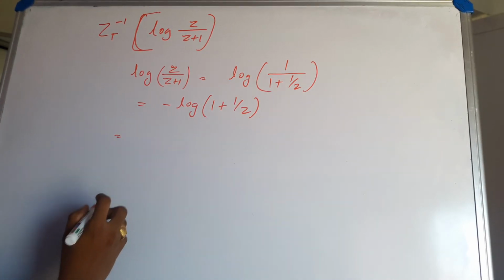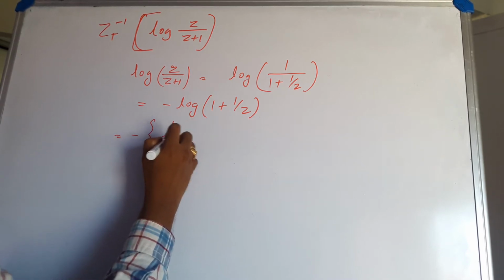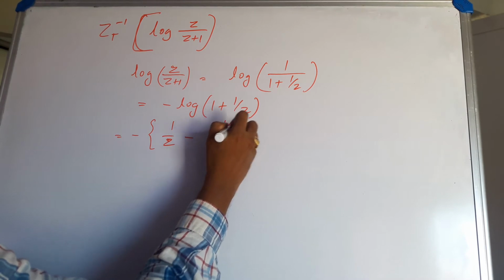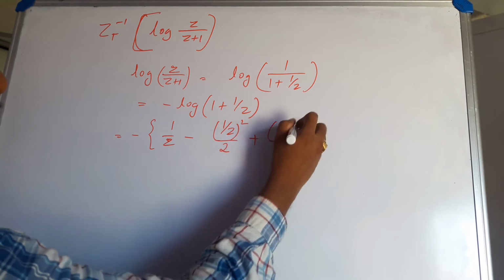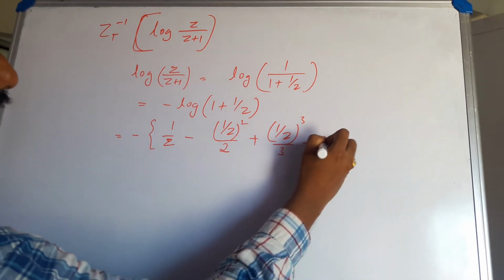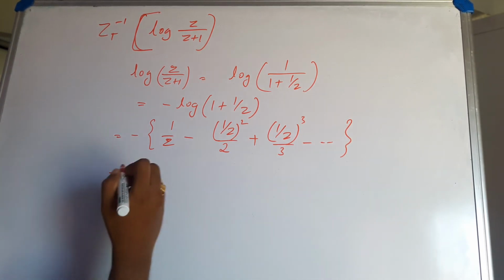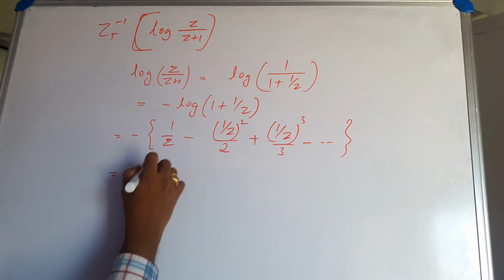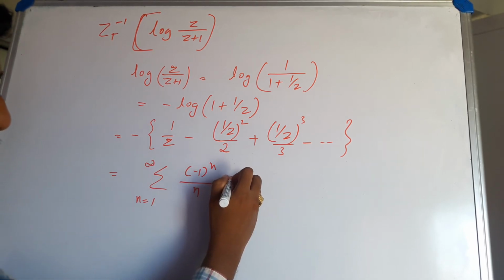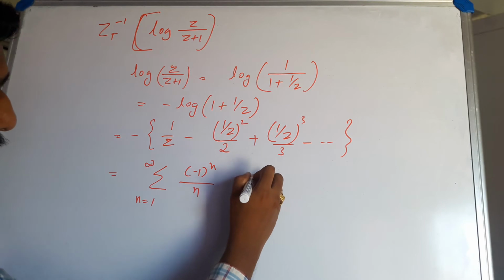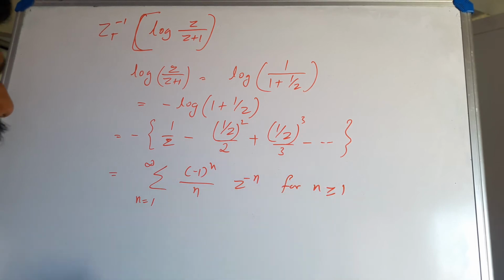Now the expansion for this would be 1 by z minus (1 by z) whole square by 2 plus (1 by z) whole cube by 3 and so on. Now we can rewrite this as summation n equal to 1 to infinity of (minus 1) to the power of n plus 1 by n into z to the power of minus n, for n greater than or equal to 1.